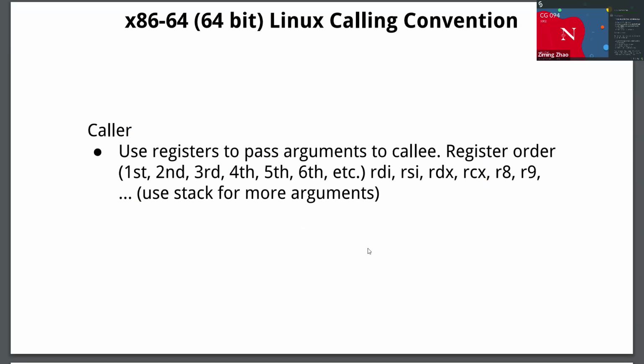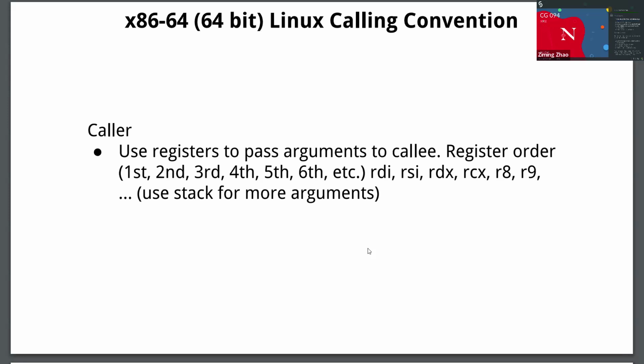However, on a 64-bit machine, there are so many general registers. So we do not need to push things onto the stack anymore. Okay, we do not need to put everything onto the stack. So the standard calling convention for 64-bit machines, the first 6 parameters do not go to the stack.